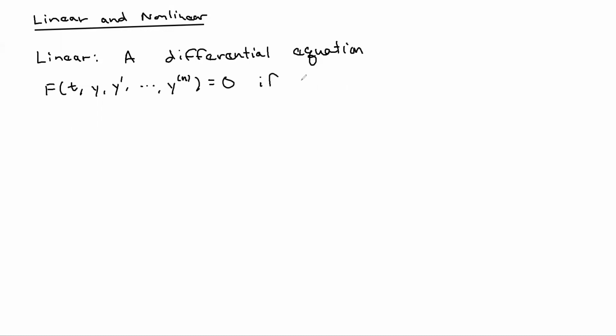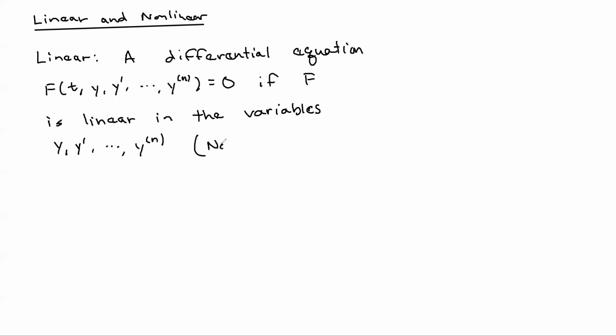If the function f that defines this is linear in the variables y, y prime, through yn, and note, it's y through yn, so t is not included.